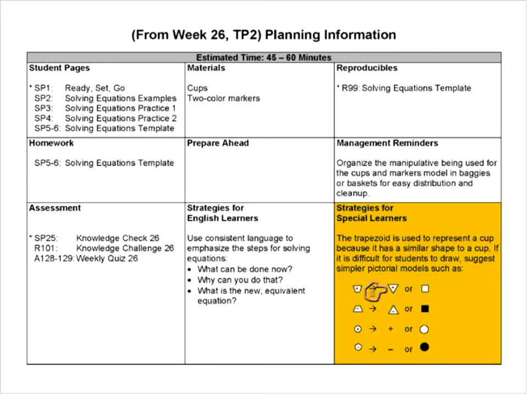You can draw a triangle like this, or just plain, a little square. And then to represent the minus cup, you can draw the triangle facing the other direction, or a black square. Okay, just some of the other alternatives to drawing representations of cups and markers.